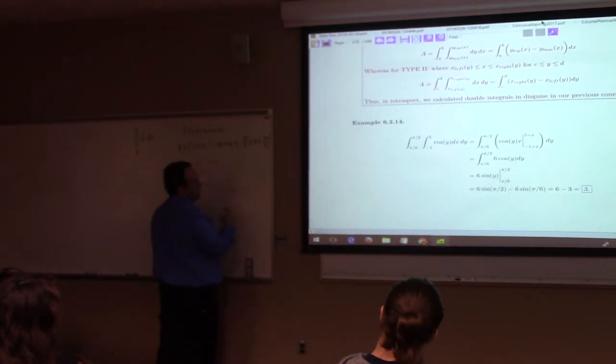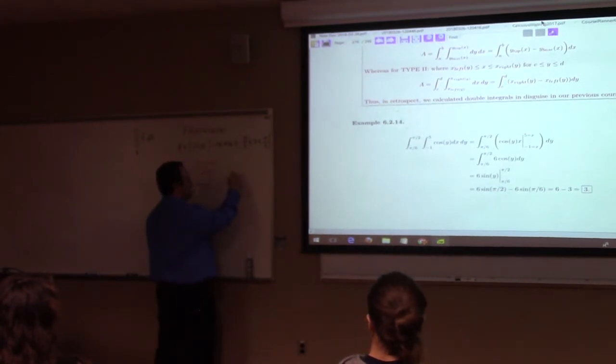What's cosine of pi over 3? Cosine of pi over 3 is 1/2, right? Cosine of pi over 6 is root 3 over 2. Cosine of 0, of course, is 1. So I can't draw it quite right, but anyway, it's something like this, right?